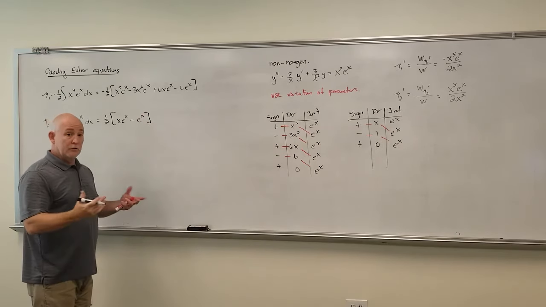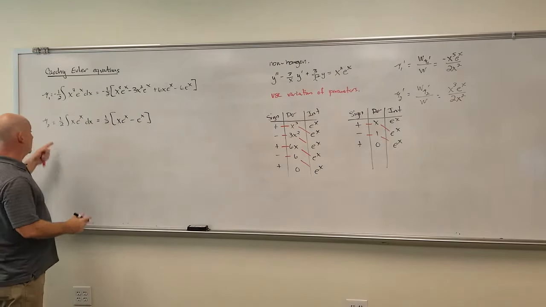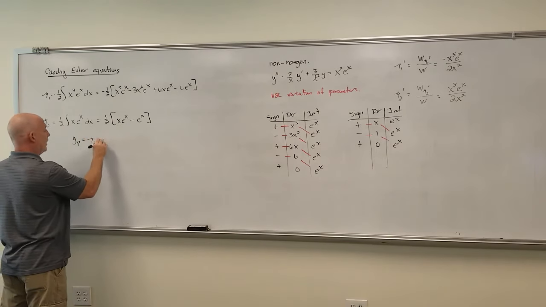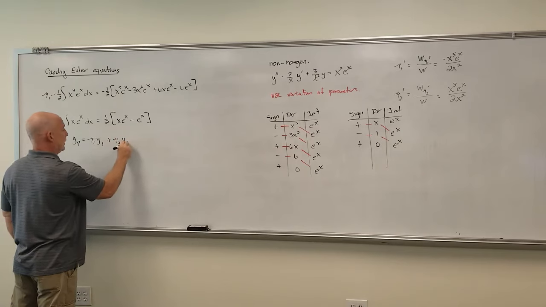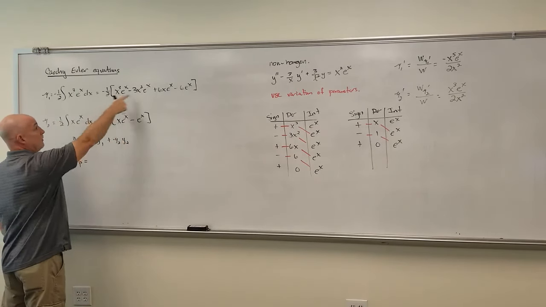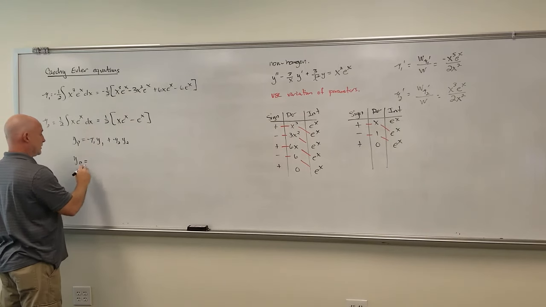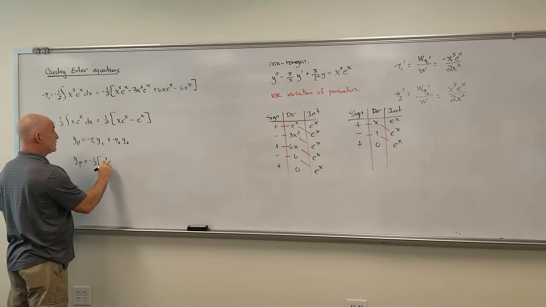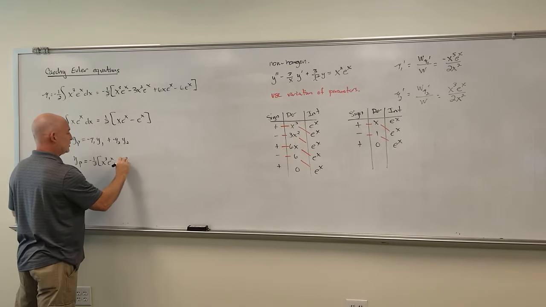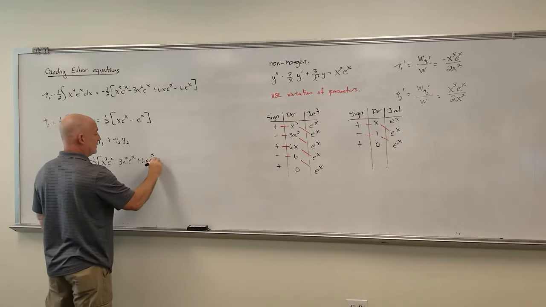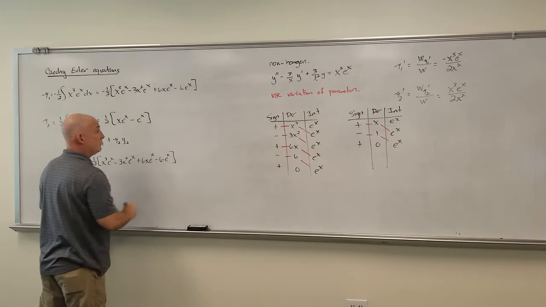All right, now here's the good news. We're basically done, right? We found mu1 and mu2, so we know our particular solution is mu1 y1 plus mu2 y2. So our particular solution, mu1's all of this mess, so I'm just going to go ahead and write it as the same thing. x cubed e to the x, 3x squared e to the x, 6x e to the x, 6 e to the x, times y1.